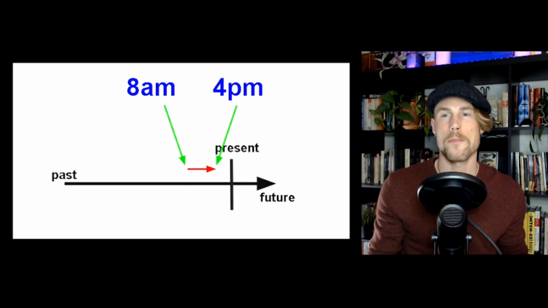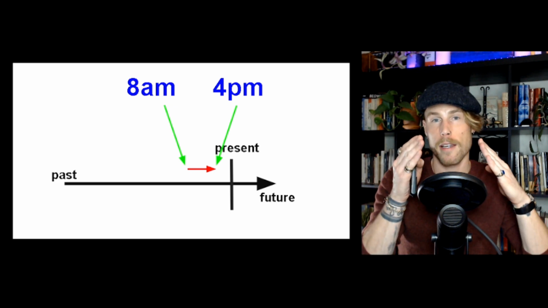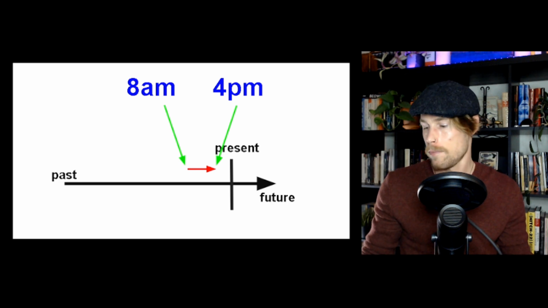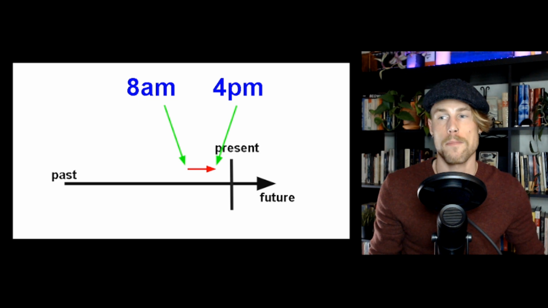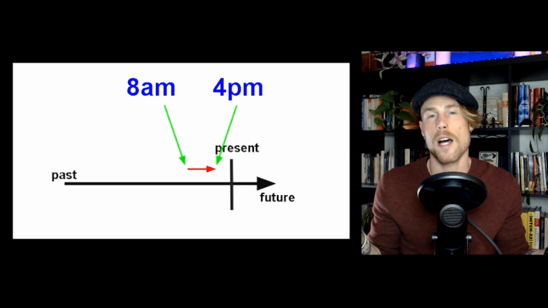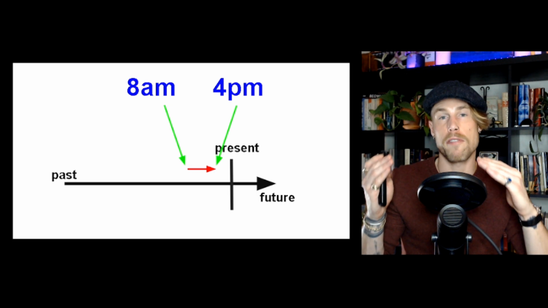Oh, there we go. So you can see my timeline. In the past, happening between 8 a.m. and 4 p.m. The road was being fixed. Who was fixing the road? Workers. It's not important. The focus is the road being fixed.